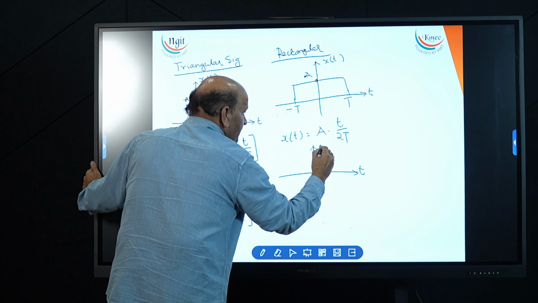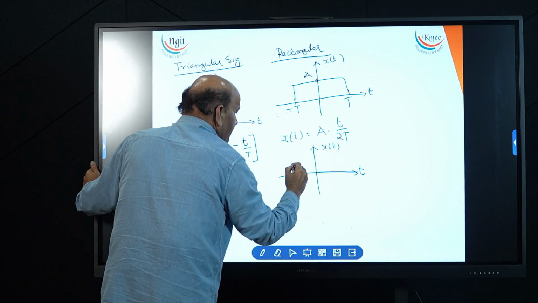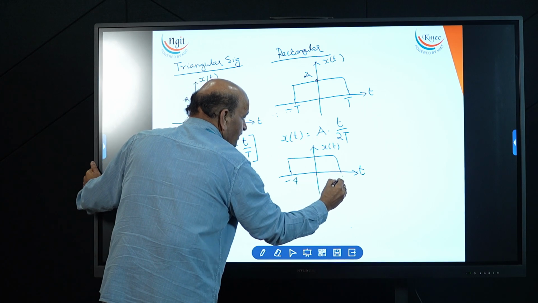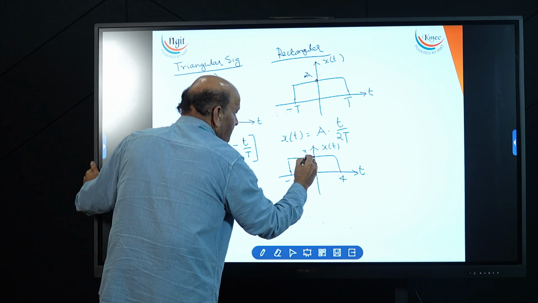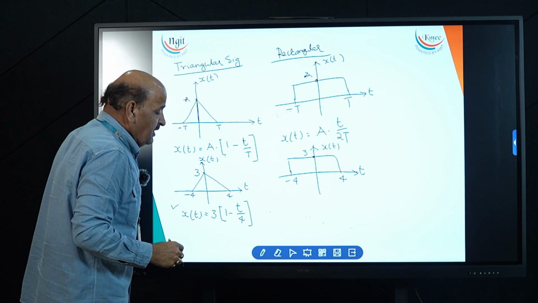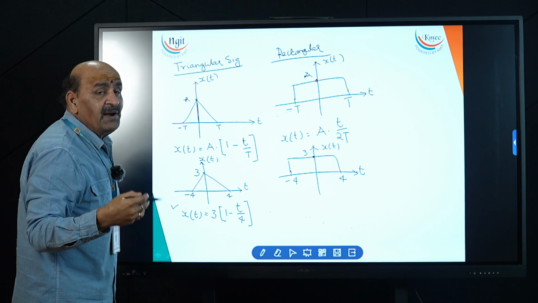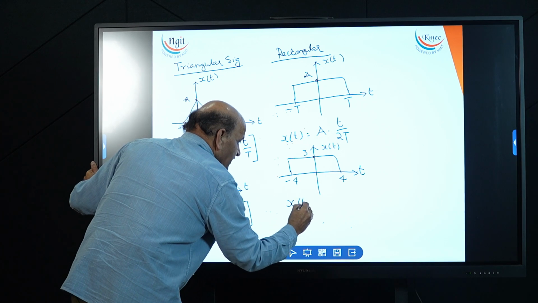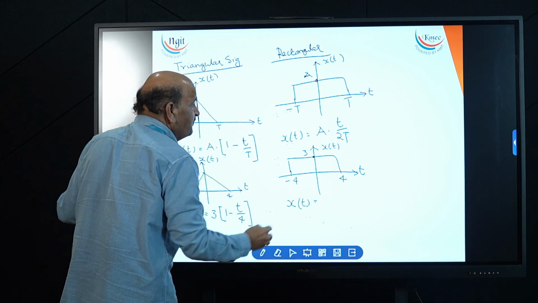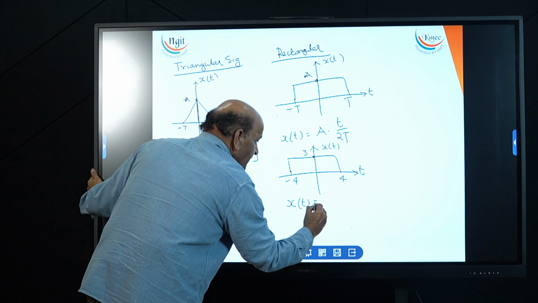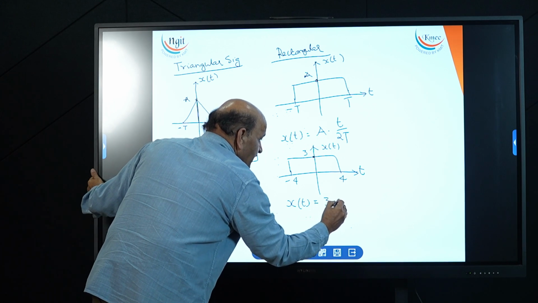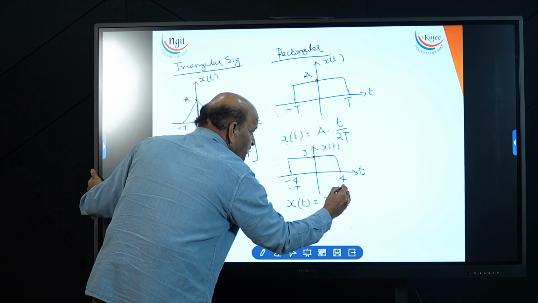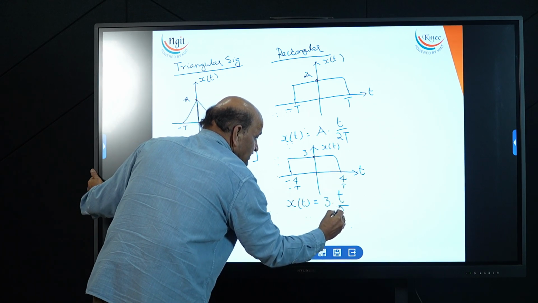This is t, this is x of t, a rectangular signal, minus 4 to 4, amplitude equal to 3. The sketch they will give. Now here students have to give a mathematical representation. That means for this purpose we have to make x of t equal to amplitude, how much? 3. 3 times independent variable t by, here T means how much? 4. 2 times 4 is 8.